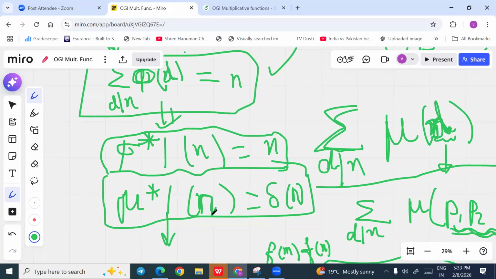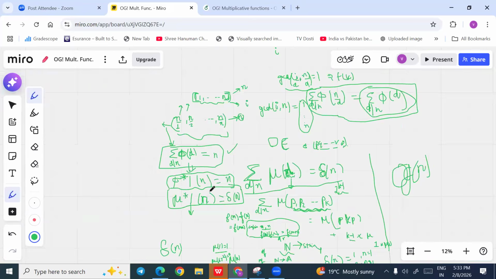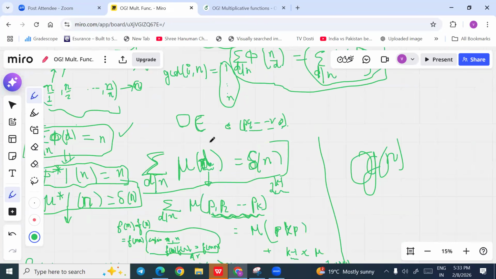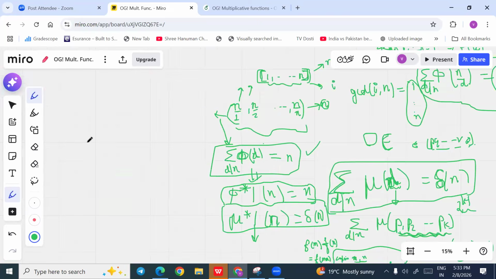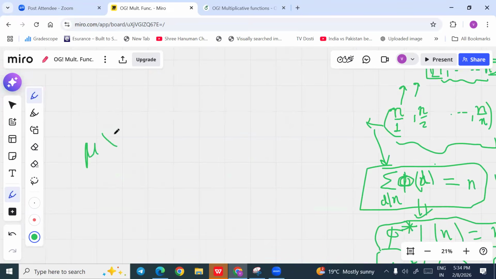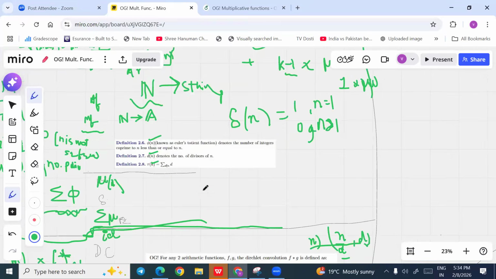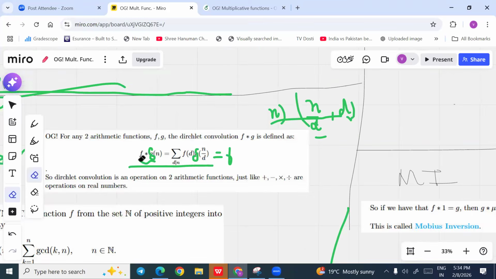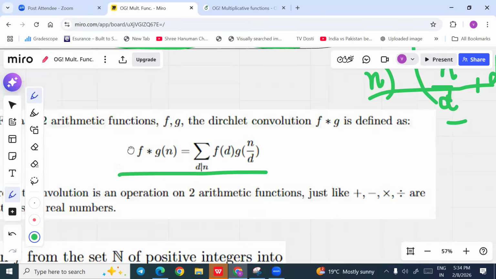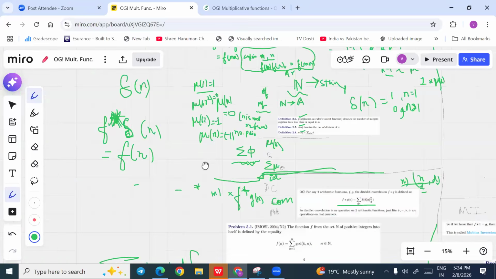Did you get this? So would you like to explicitly write what this is? Just expand this using the definition of Dirichlet convolution. We define it as this, so just use this definition.